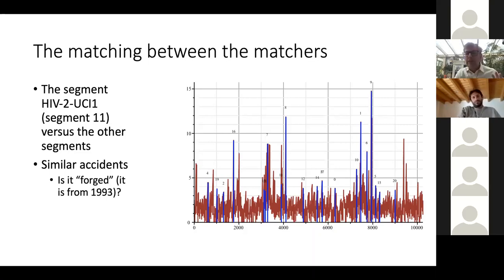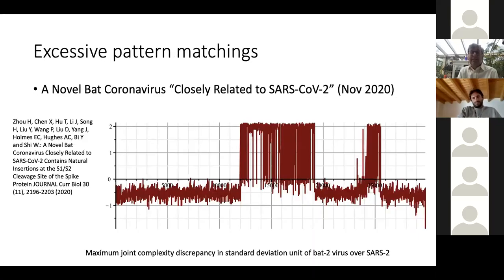So basically, I don't have any definitive answer because this is not a game of pattern matching and gene complexity and COVID on the genome, but you can have some idea that sometimes the matchings are not that infrequent. But what I detected is an excess of pattern matching, which was in November 2020.